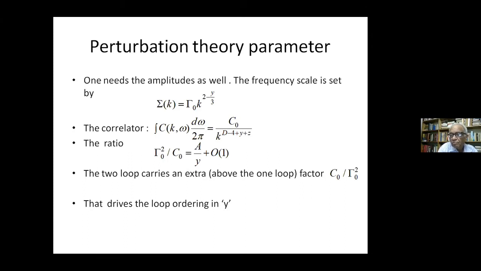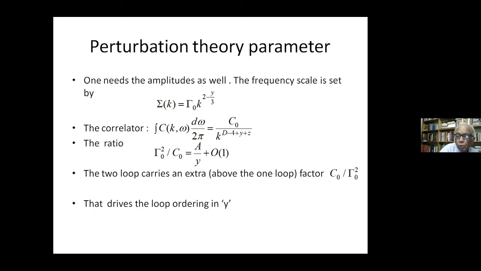The integral for the energy transfer, from where I'm calculating the C, does not start at order unity, whereas the sigma starts at order 1 over y. So this quantity gamma 0 square over C0 turns out to be a over y plus order 1, and so on.